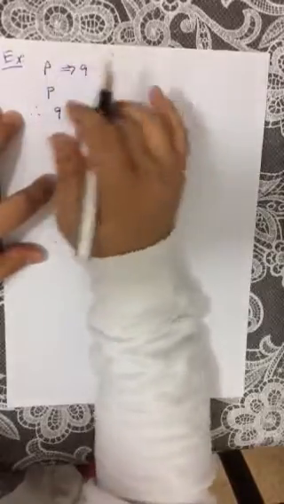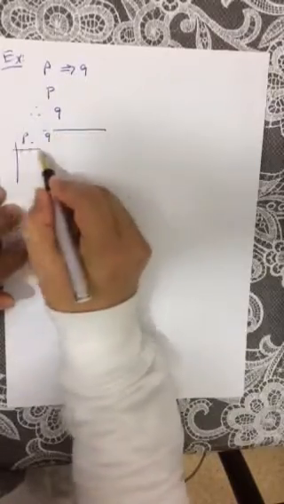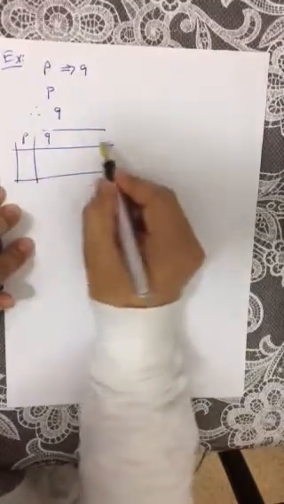All right, so let us discuss whether this argument is valid or invalid. It's very simple. You're going to obtain the table first of all.